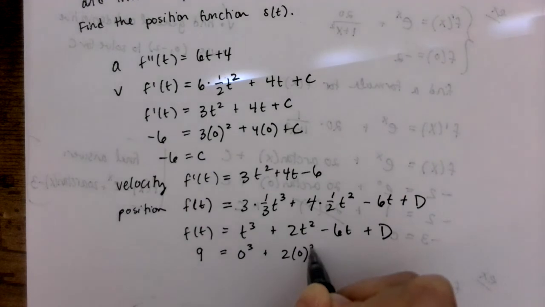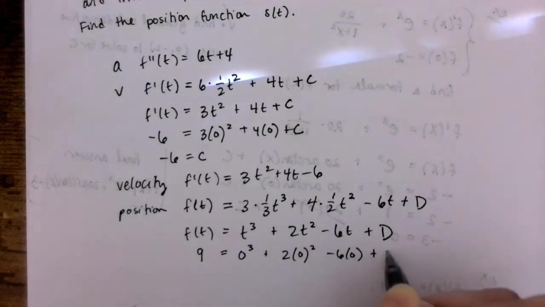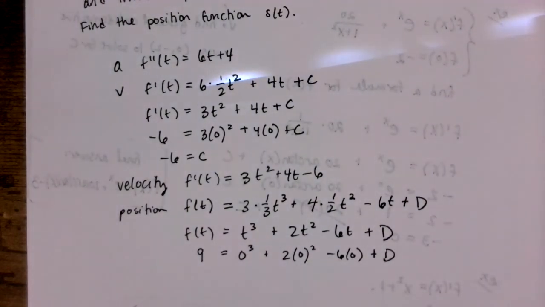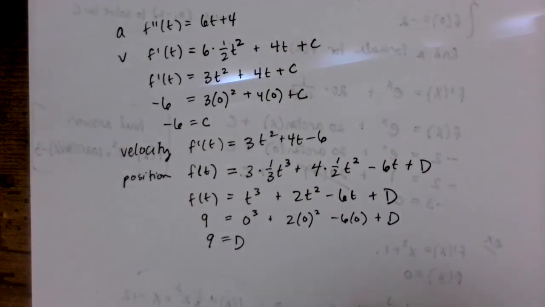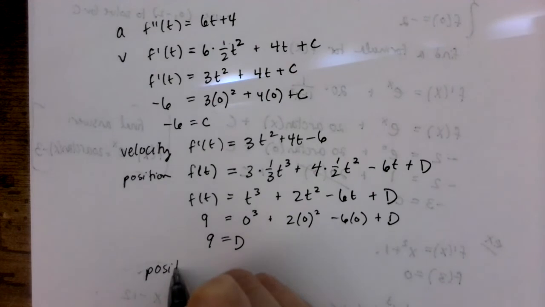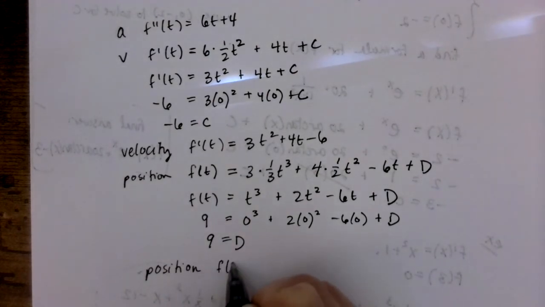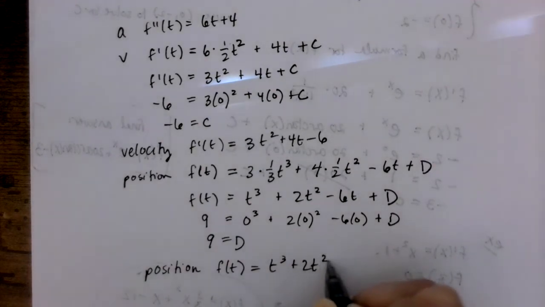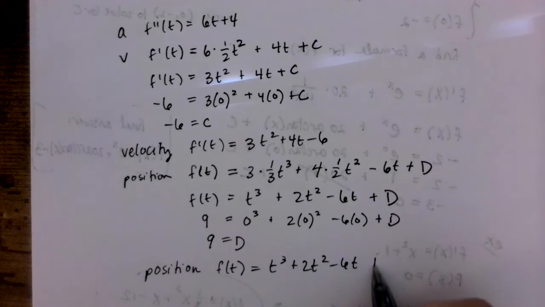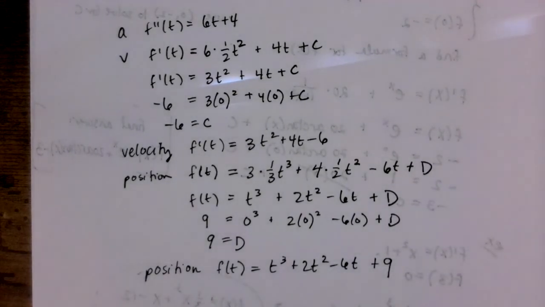Plugging in 0 is particularly convenient here. We can see right away that D should be 9. So our final answer for the position function, which again, I'm calling F of t, but you can call it S of t to match the question, will be t cubed plus 2t squared minus 6t and then plus 9 in that spot. And that's my final answer.